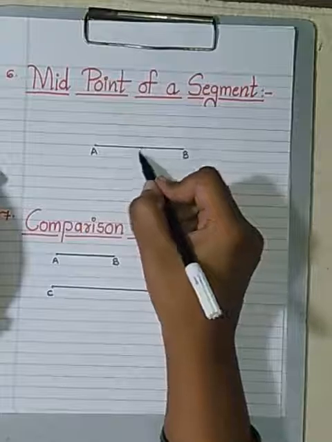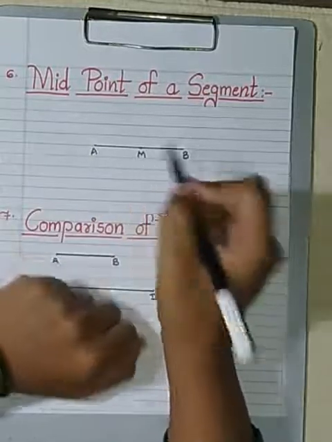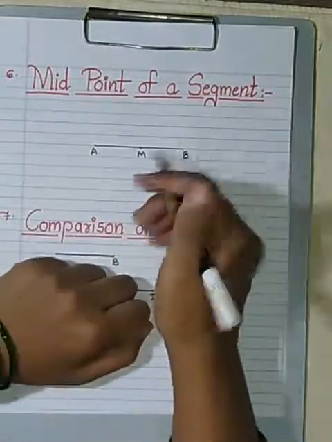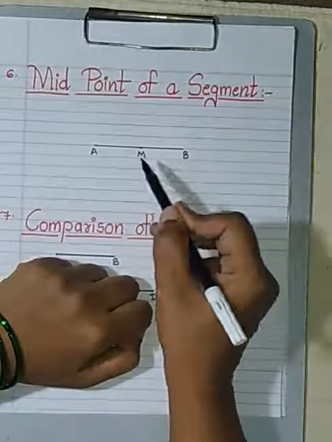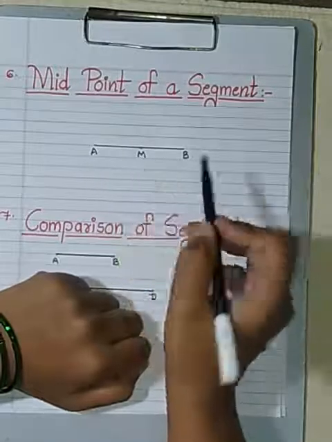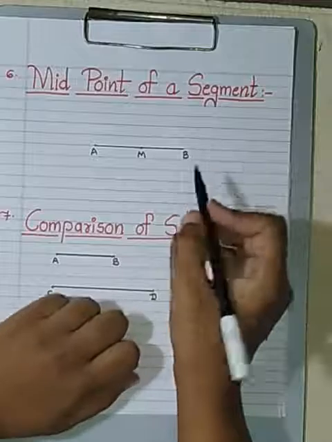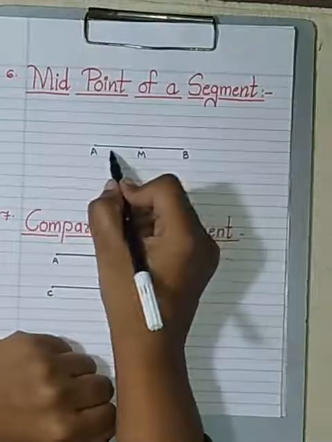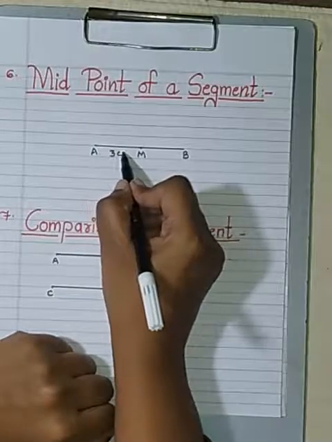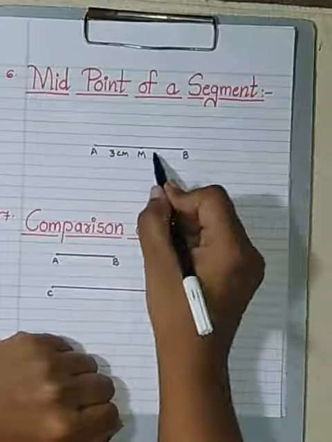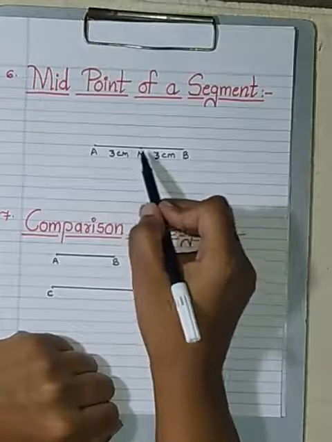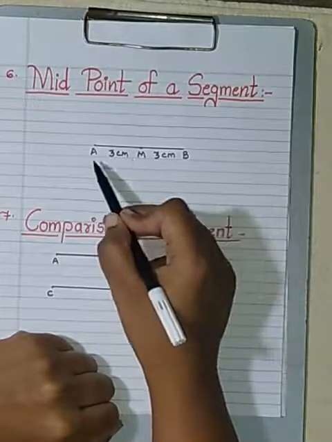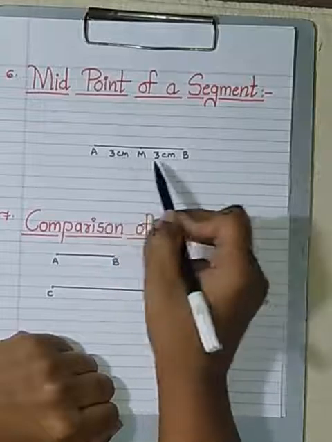I'll take a point M. Point M is such that it divides line AB in two equal parts. Now suppose AM is 3 centimeters and MB is also 3 centimeters. This means point M has divided line AB in two equal parts.